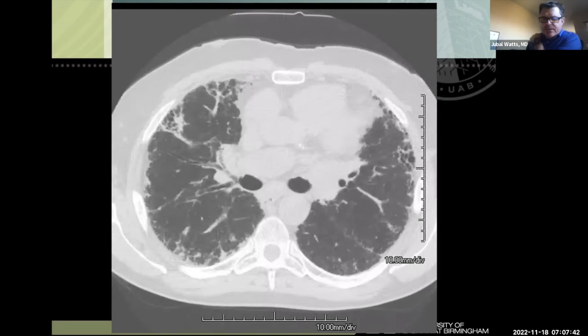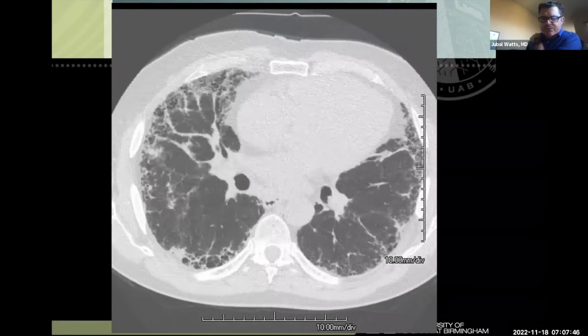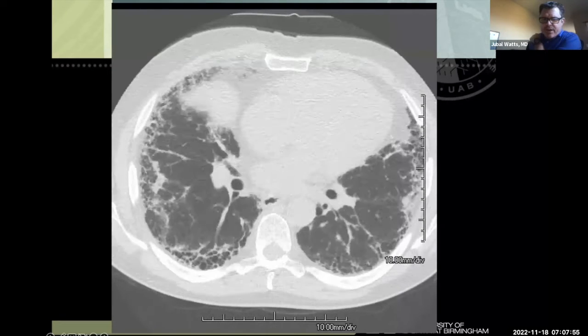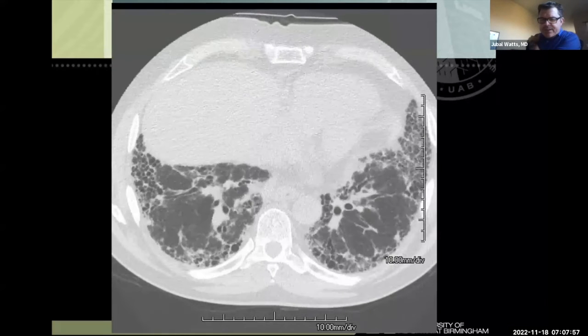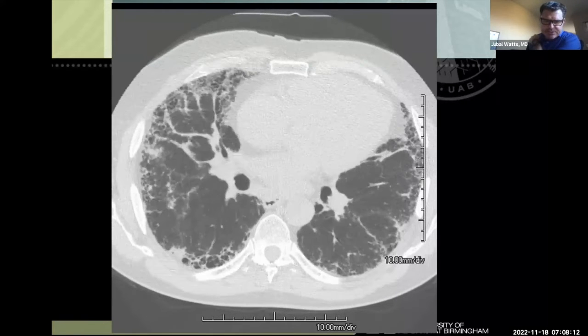The pattern is spatially and temporally heterogeneous, meaning we have areas of normal lung, we have honeycomb lung, which is end-stage fibrosis, and then you have reticulation and traction bronchiectasis. So this is a typical UIP pattern. And a UIP pattern of lung injury is the most common pattern you'll see in idiopathic pulmonary fibrosis, which is the most common idiopathic interstitial lung disease.